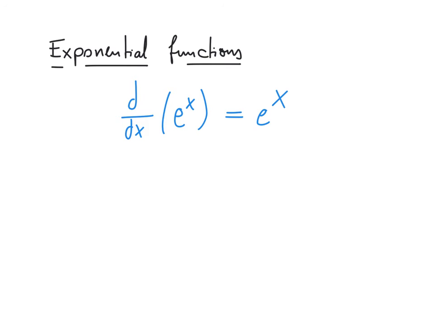Now that's really nice, right? It stays the same, which is pretty amazing, right? Because I already kind of told you that e occurs in so many ways in mathematics and has so many nice and fascinating properties. So here's one, right?